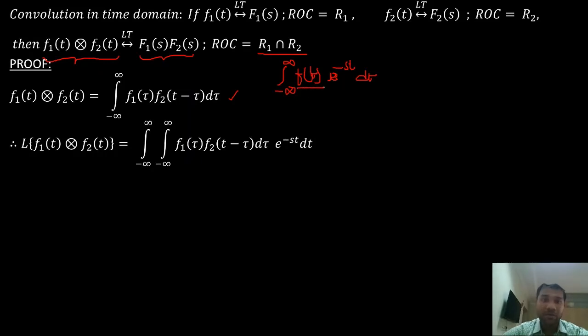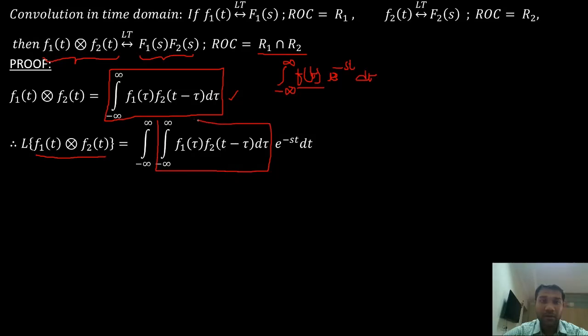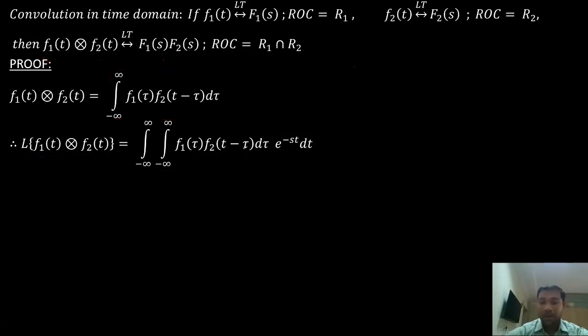In place of f of t, what do I have now? I have f1 of t convolved with f2 of t. Then what is f1 of t convolved with f2 of t? This entire integral. So in place of f of t, I will write this entire integral. Now I will separate the integrals.